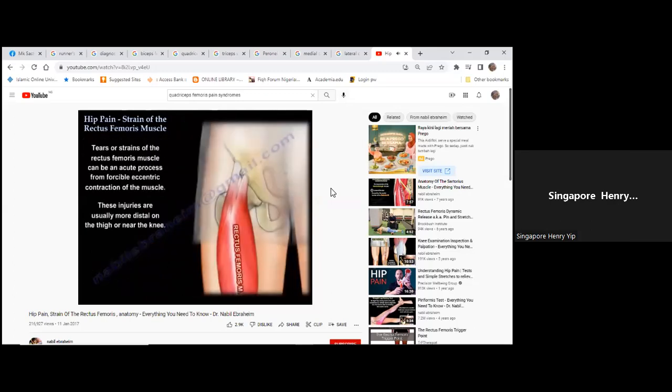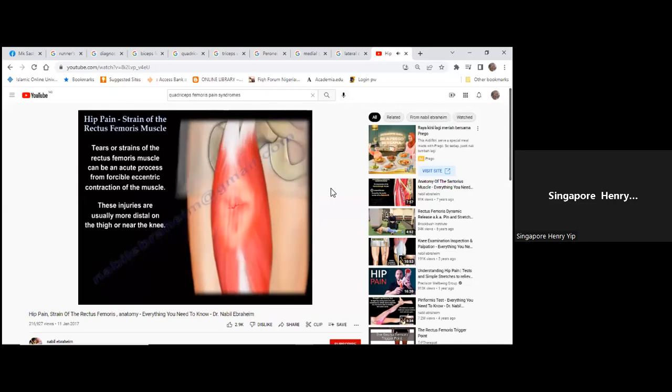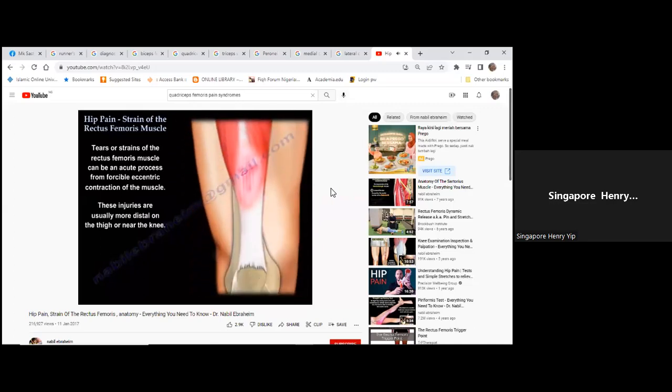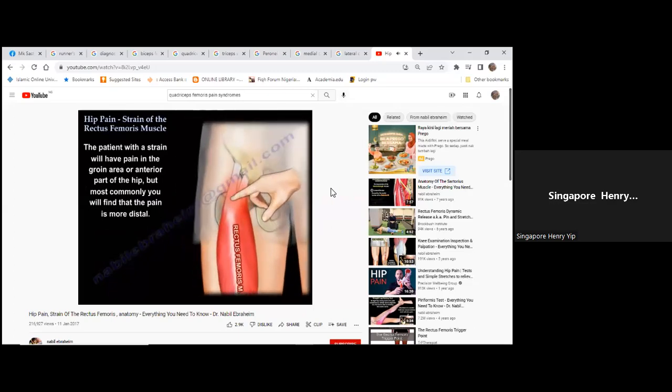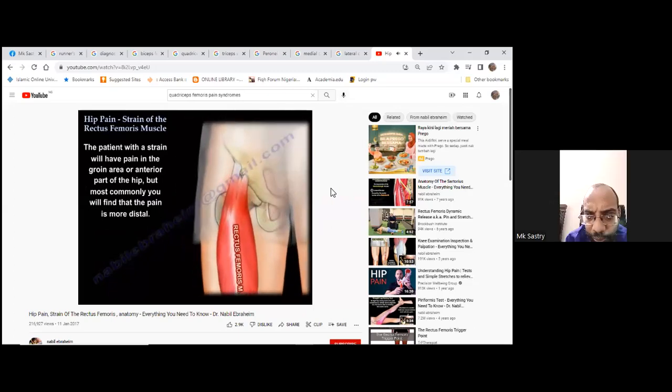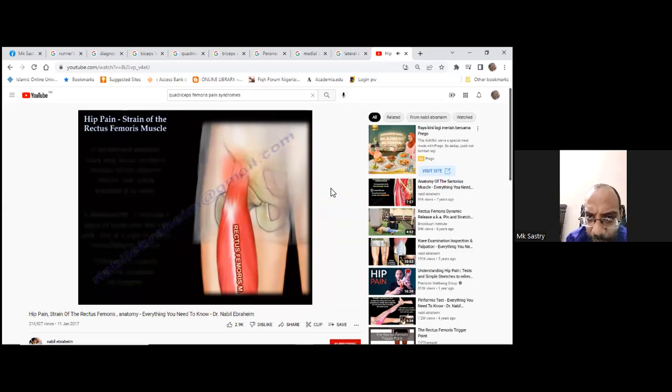So these tears or strains of the muscle can be an acute process from forcible eccentric contraction of the muscle, but these injuries are more distal on the thigh or near the knee. A patient with the strain will have pain in the groin or in the anterior part of the hip, but most commonly you find the pain more distal. The chronic one, the overuse one, will give you hip pain, usually near the anterior inferior iliac spine.